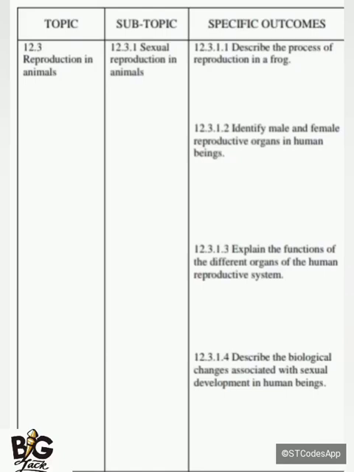Apart from that, you need to identify male and female reproductive organs in human beings. You need to explain the functions of the different organs of the human reproductive system. Then you need to describe the biological changes associated with sexual development in human beings. Let's move on to the next one.